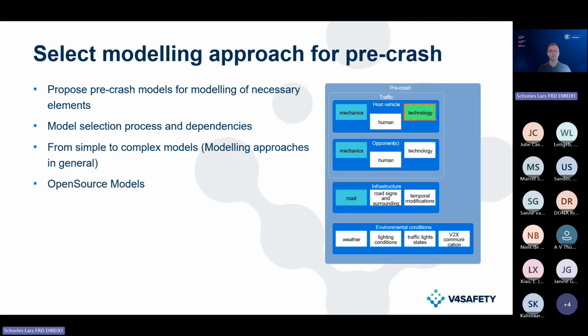And finally, I want to talk a little about the open source models. So in the V4SAFETY, we have developed 3 different technology models. You see it. So different models which can be used to perform assessments, which hopefully gives an easier start to do such performance analysis, which we want to share to the group as well.